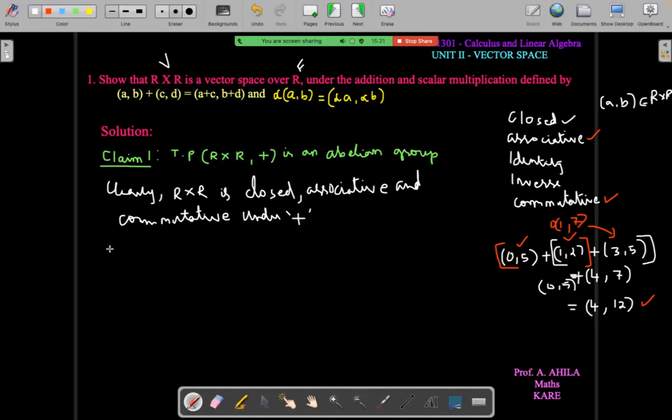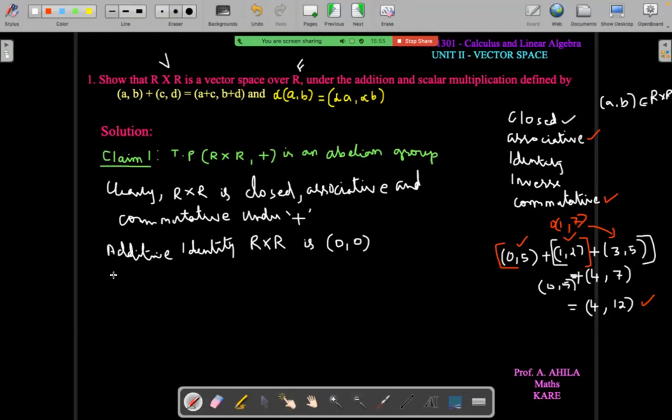Now we need to get the additive identity element in R cross R. What is the additive identity element of R cross R? Normally in real numbers the additive identity is 0. So in R cross R it should be an ordered pair. So we get (0, 0) as the additive identity.